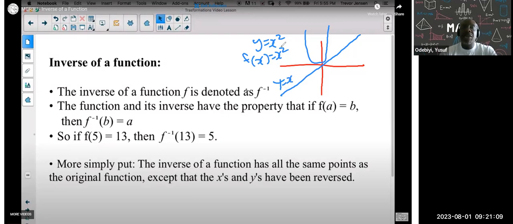So when you're doing the inverse of anything, you're mirroring it over the line y equals x. If I draw this parabola's inverse, it would be like this. Now it looks mirrored.